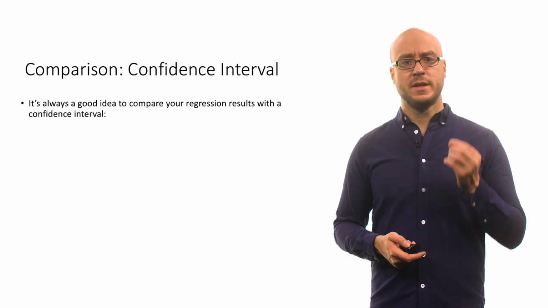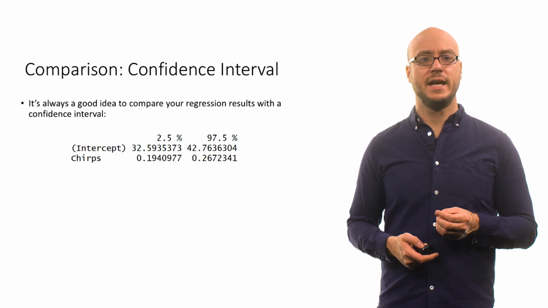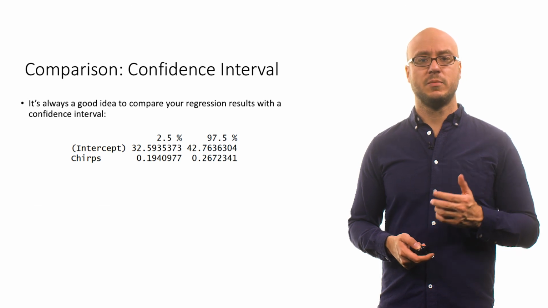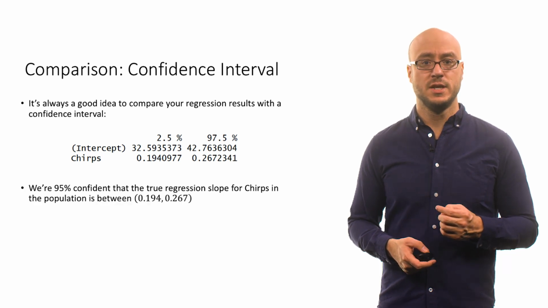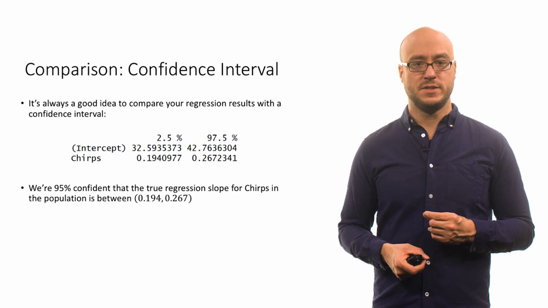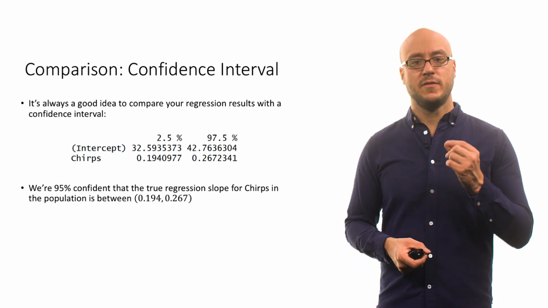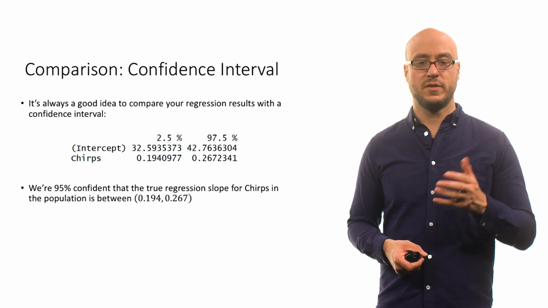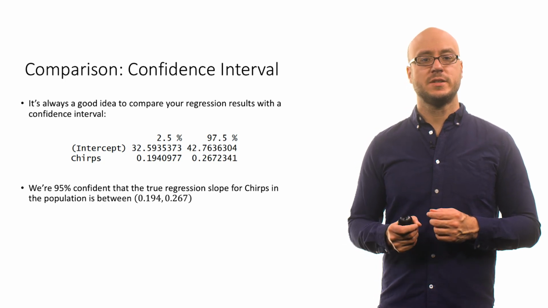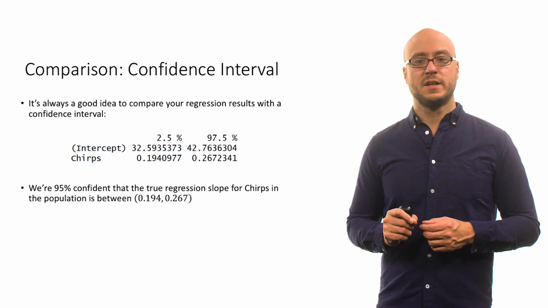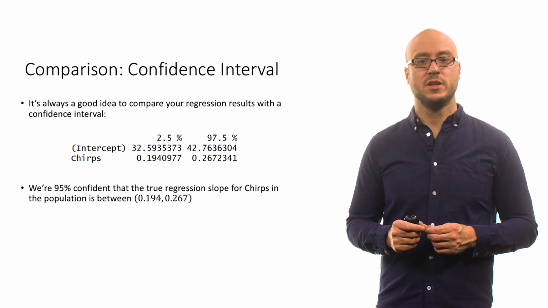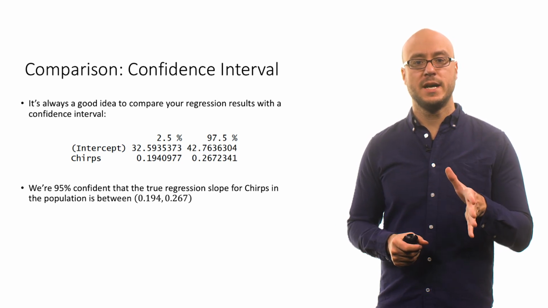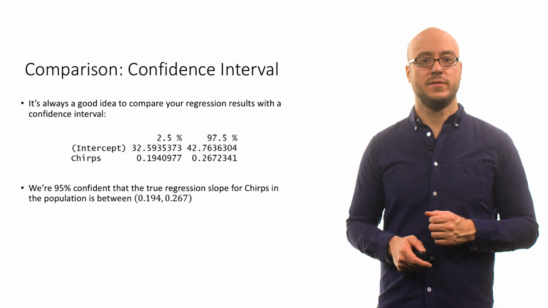In addition, we can see that we're also given a confidence interval. It's always a good idea to compare your regression results to a confidence interval. So here we have a 95% confidence interval, and we have a confidence interval for the intercept and for the slope, for that variable chirps. Here you can see that we're 95% confident that the true regression slope for chirps is between 0.19 and 0.267 roughly.